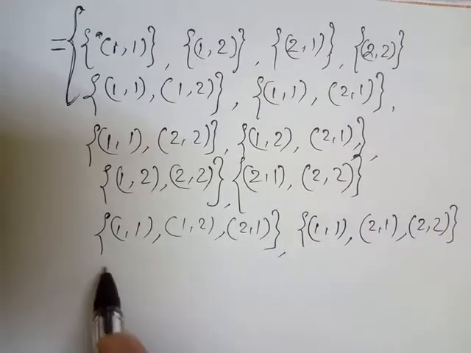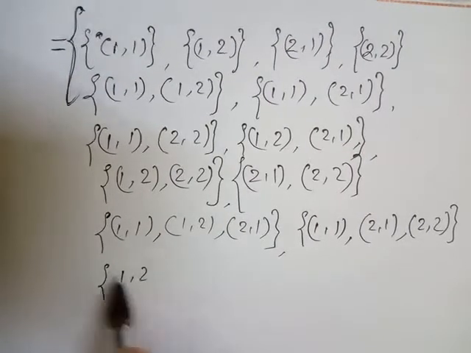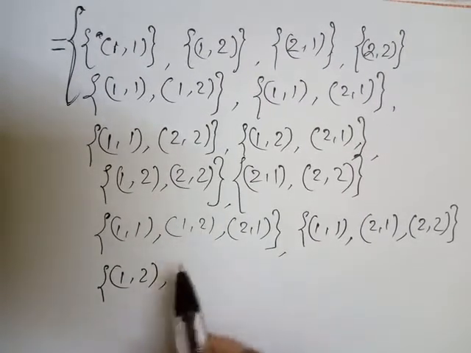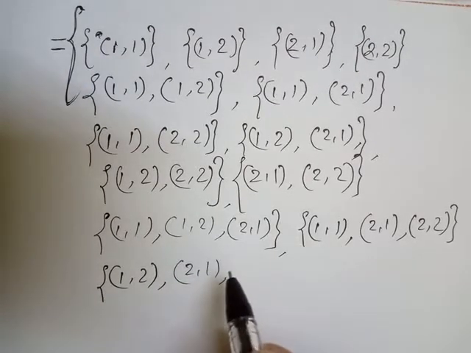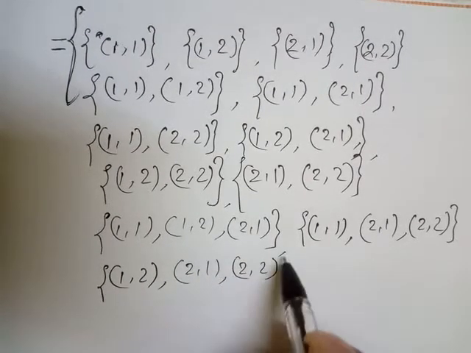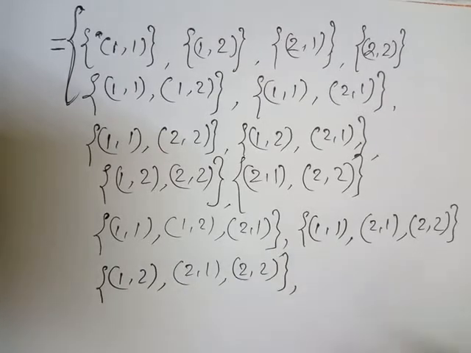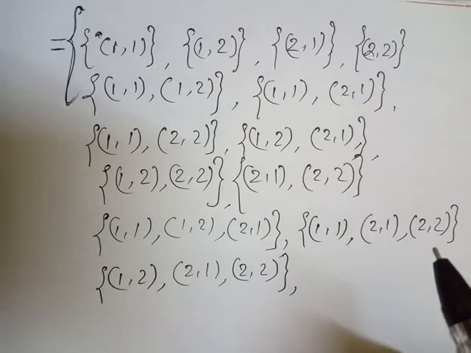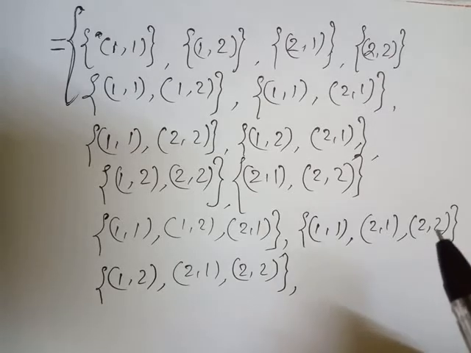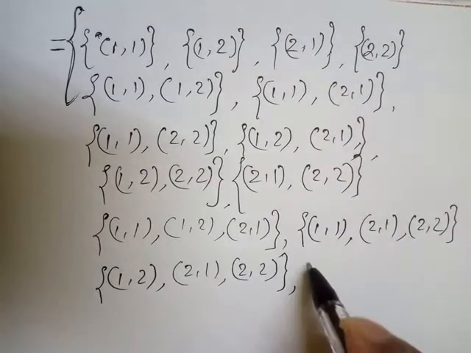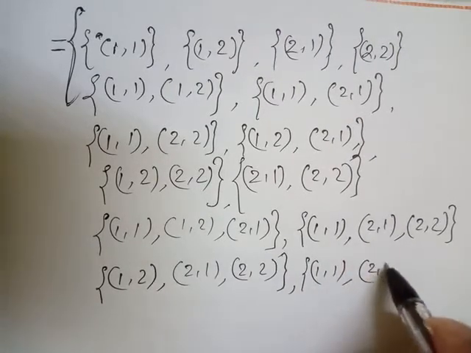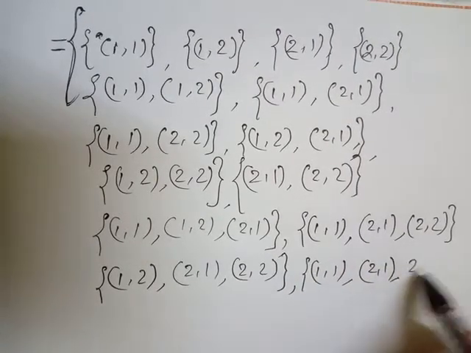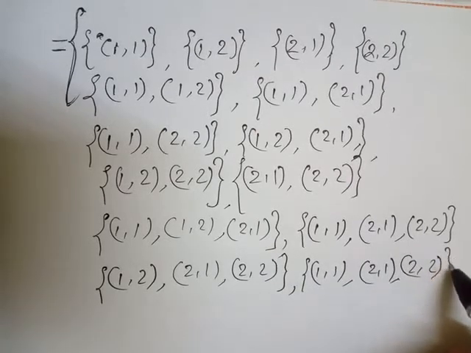Next one (1, 2), then (2, 1), then (2, 2) will be in one bracket, and next one would be (1, 1), (1, 2), then (2, 2).